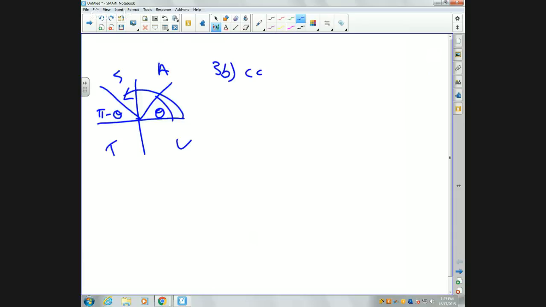3B looked like this. From here, we had to use the compound angle formula for cos.